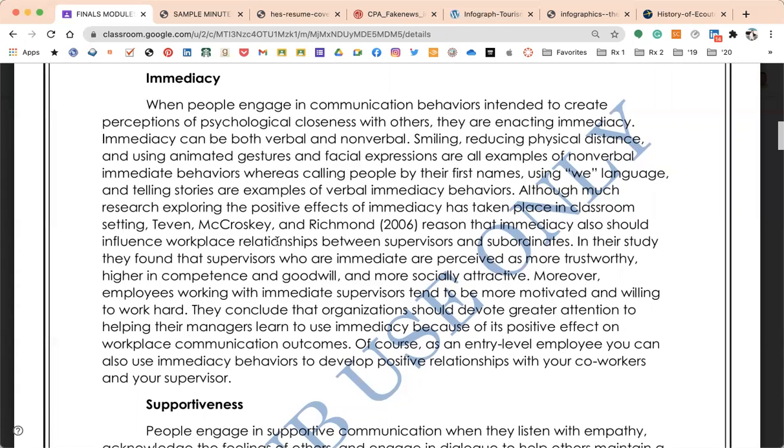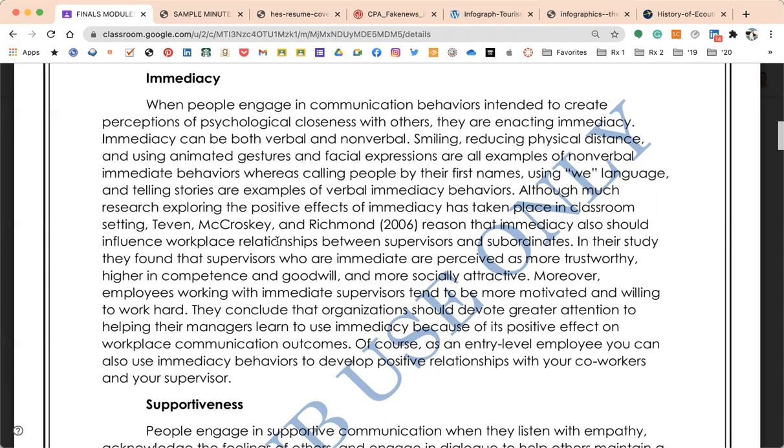When that happens, try to have this sense of immediacy. Try to be closer with your people. Try to use your "we" language, okay? So devote greater attention to helping managers learn to use immediacy because of its positive impact on workplace communication.